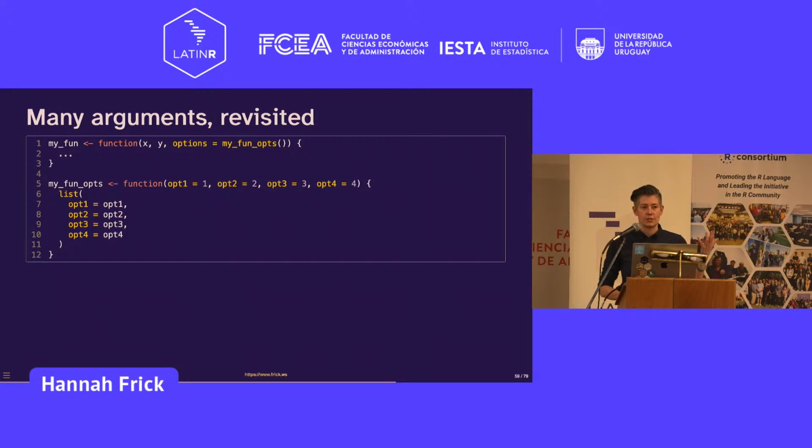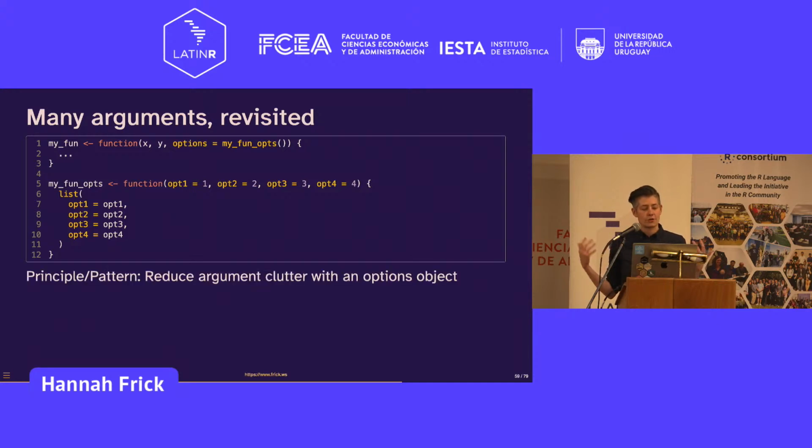That makes it easier when you're writing code, you're running into the same problem, and you're just like, oh, I know a way to deal with this. And it also makes it easier when you read it. You're like, oh, I know what's going on. So yes, here the pattern or the principle is to reduce argument clutter with options.